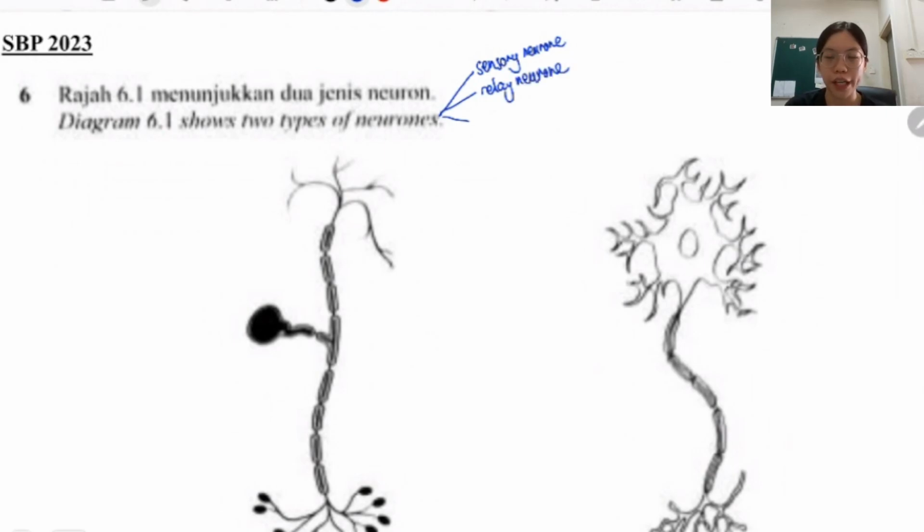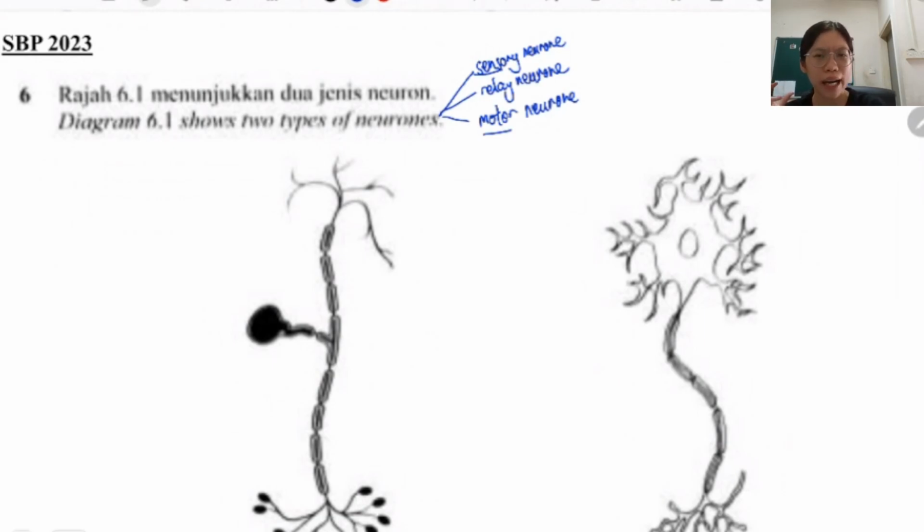And then it enters your brain and the information is interpreted. And last but not least, when you want to do a response, the nerve impulse will be transmitted through the motor neuron. The motor neuron performs the motor action, that's why it's called the motor neuron. So first you sense it, then the relay neuron, and last the motor neuron, and then you produce the response.